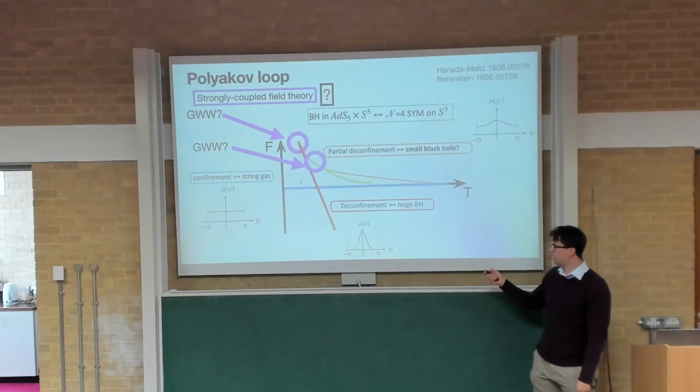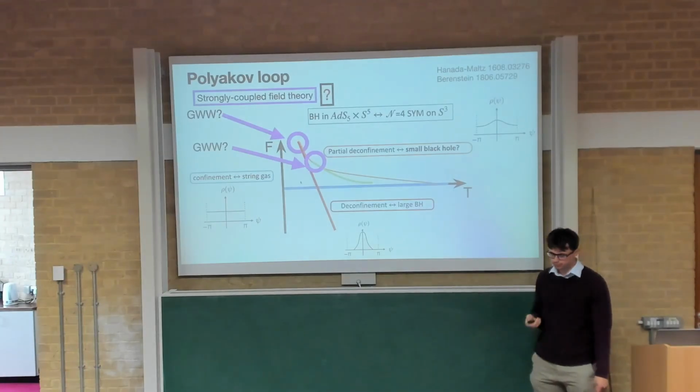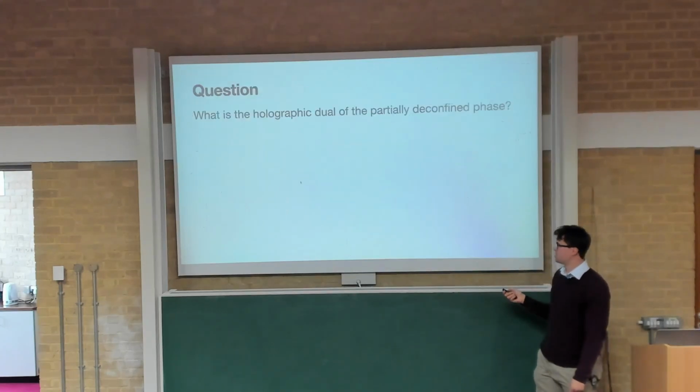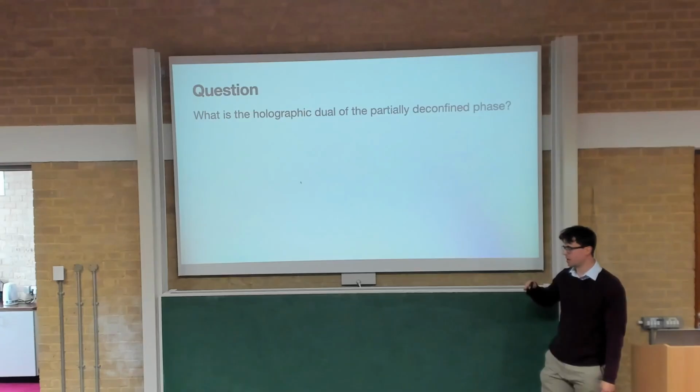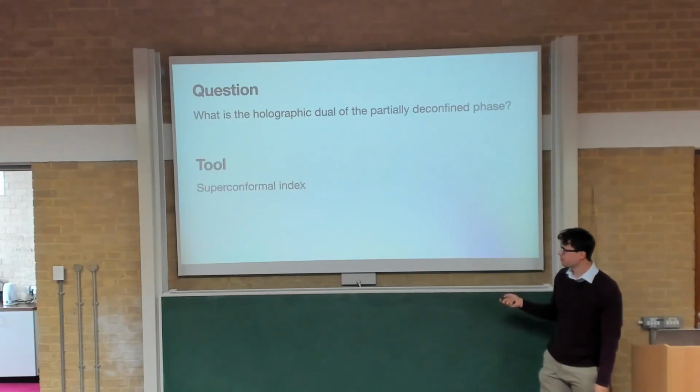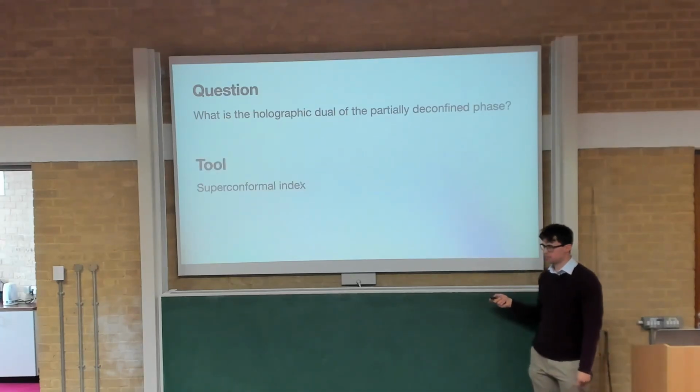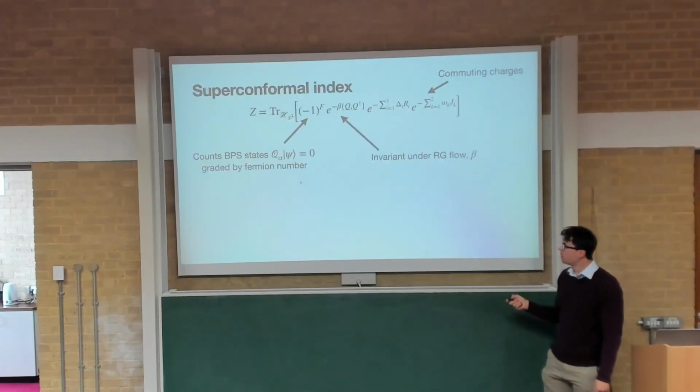There are stronger arguments to say that this saddle after the Gregory-Laflamme transition is partially deconfined, but there are some arguments to suggest that we still get the partially deconfined phase up to this cusp. That sets us a challenge, which is to try and prove what is the holographic dual of the partially deconfined phase, which kind of black hole it is, or if it's something different. A tool which would seem to be useful for us is the superconformal index, which I'll introduce now.